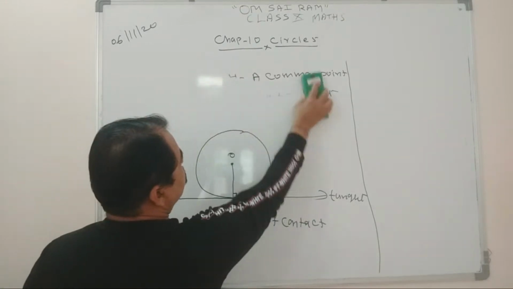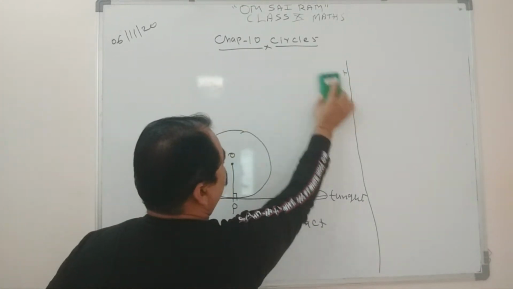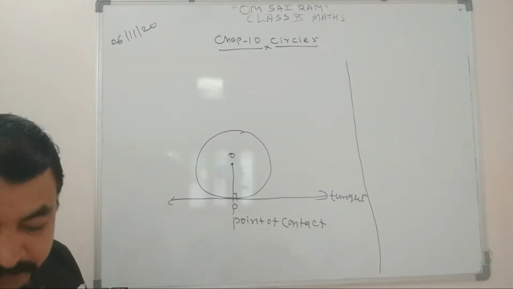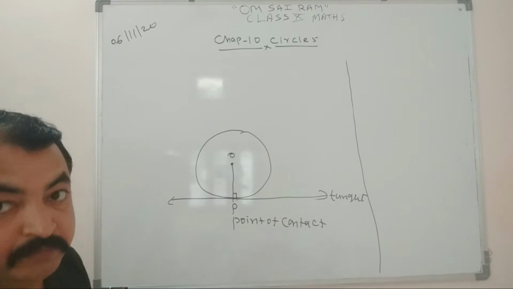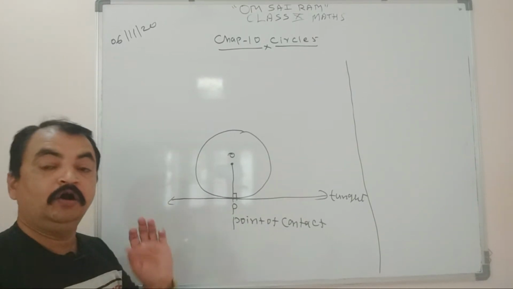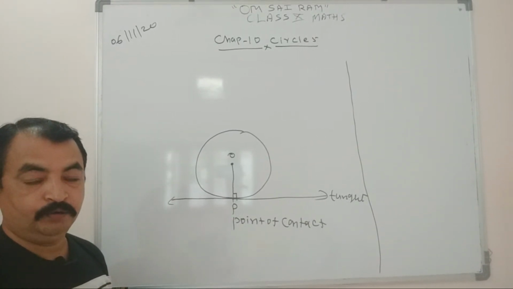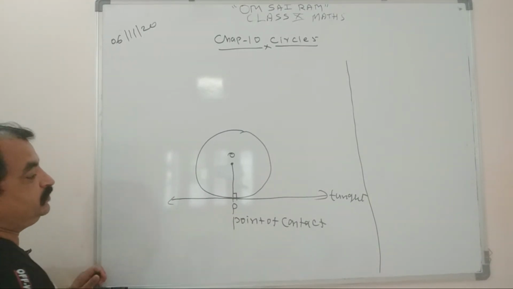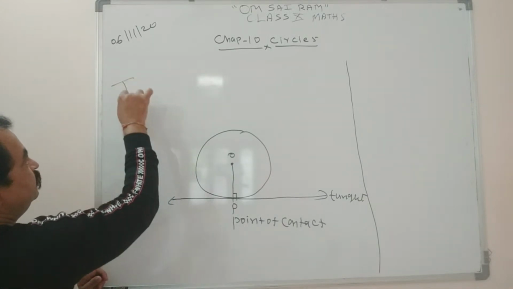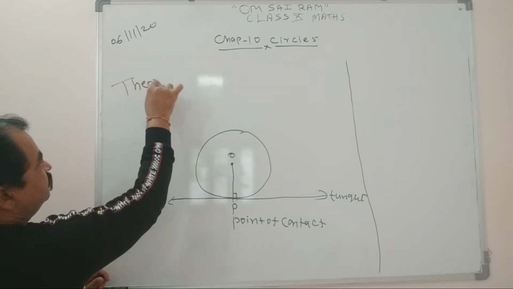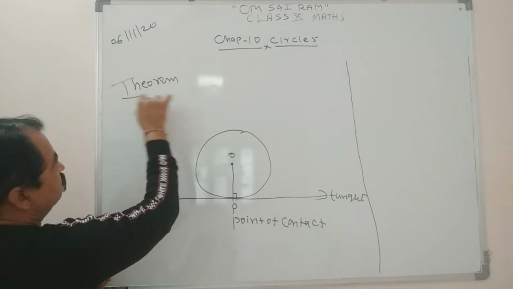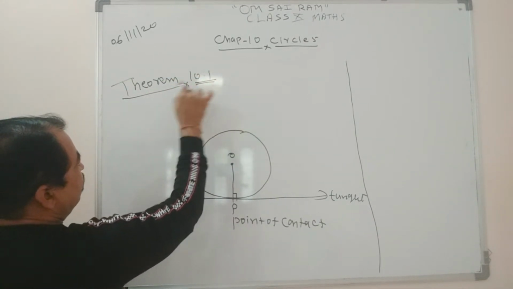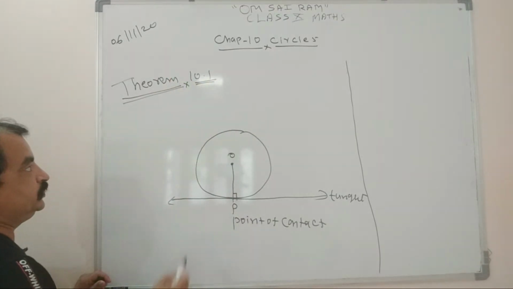Now both the theorems are important, and in alternate years they ask one of the theorems from this topic for either 3 marks or 4 marks, children. Okay. So don't avoid the theorems of the chapter circle. Okay. So the first theorem is theorem 10.1. You can refer to your NCERT textbook also, children.